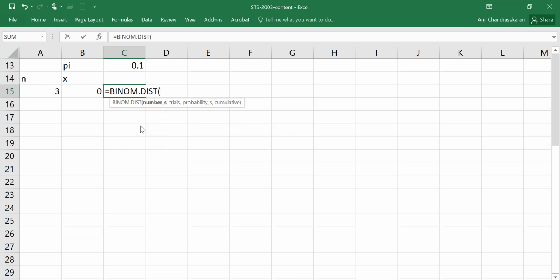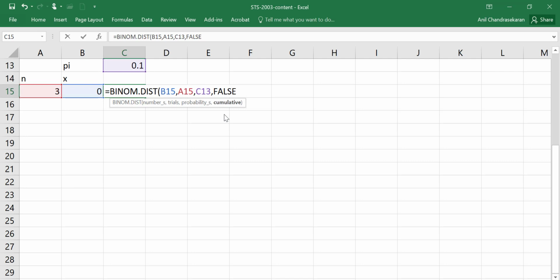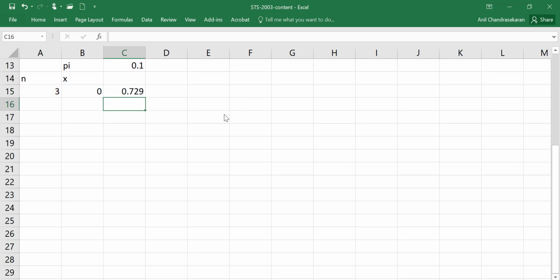Looking at this function, I will be looking at the number of successes that I want, 0, comma, that's the x, the number of trials, which is the n, comma, the probability of success given to be 10%, and I want it for that particular value, so I use a false. So this will give me the value for n is equal to 3, x is 0, and pi as 0.1.